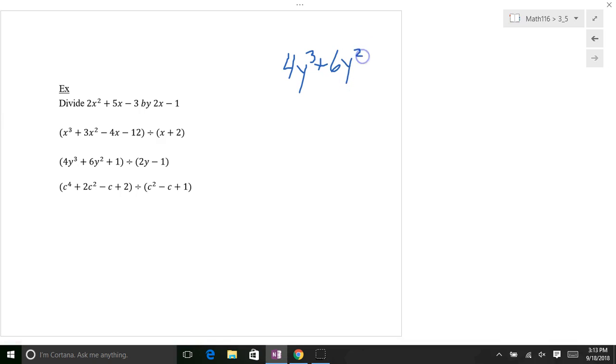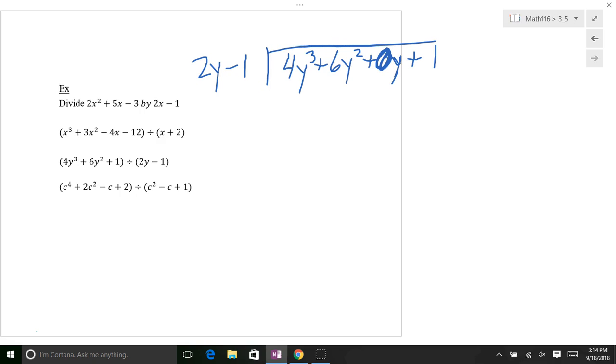Now notice it doesn't go down perfectly by degree. There's no something y, so I'm actually going to put a placeholder in. I'm going to put in a 0, that's a 0y. 0y, of course, is still 0. Then I'm going to put in the plus 1, and I'm going to divide that by 2y minus 1. So if you need a placeholder, put in a 0 and then the variable to whatever degree it is.